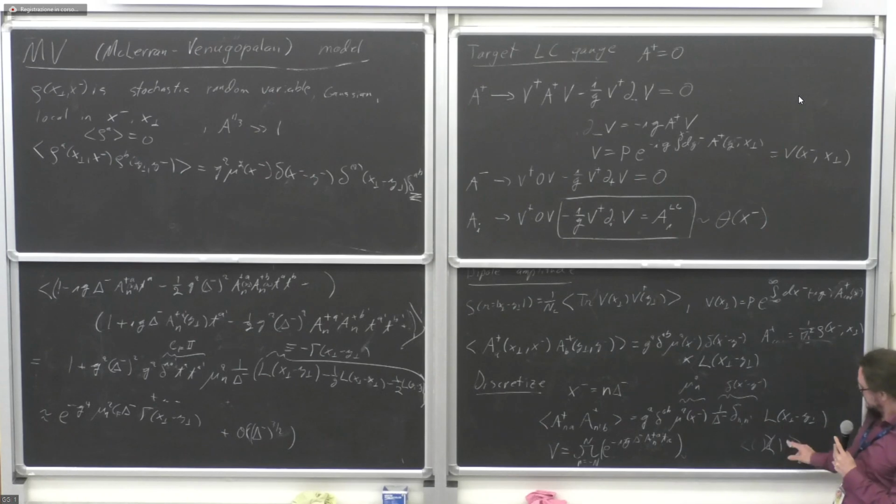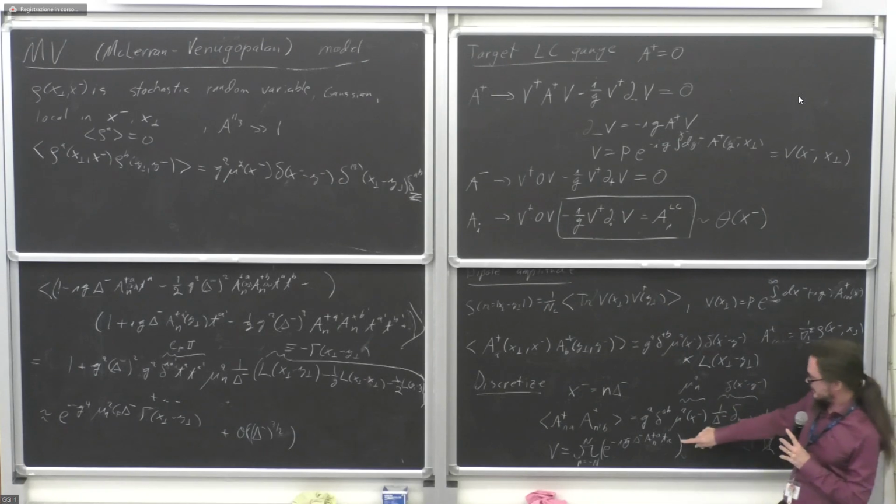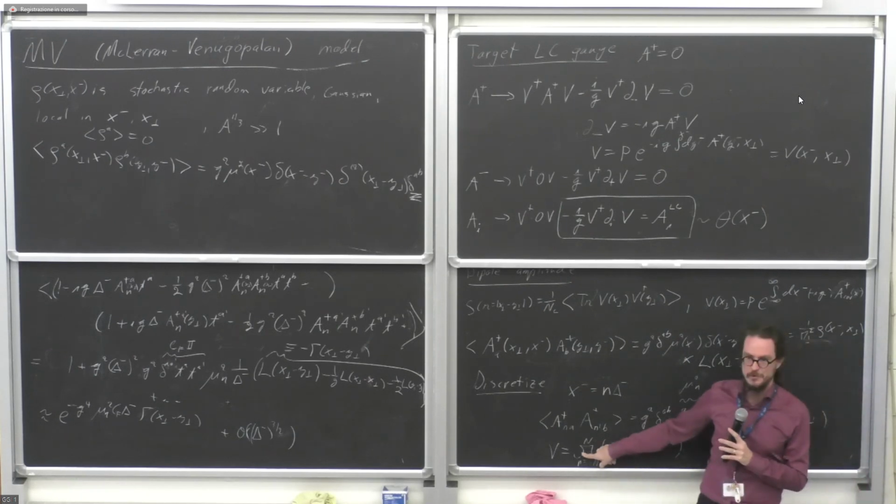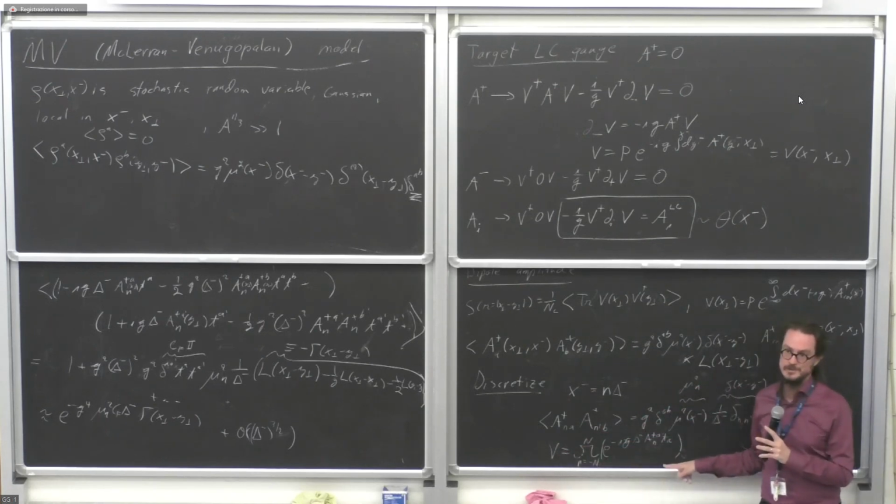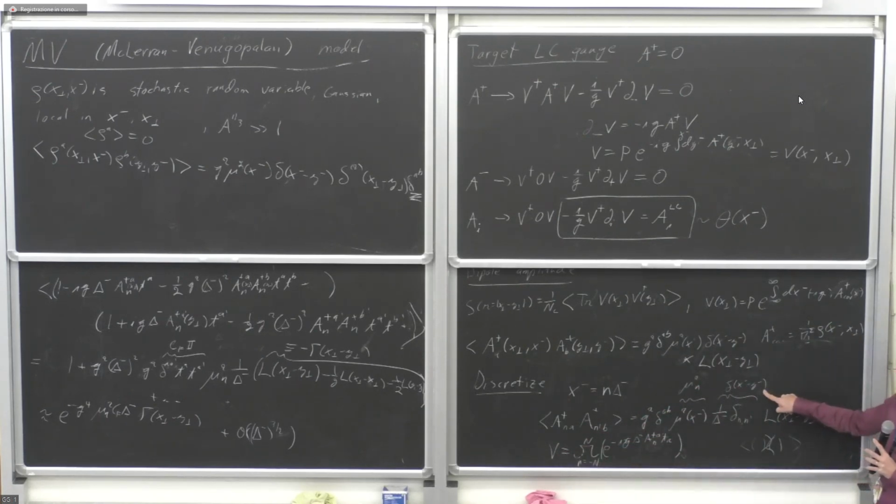Yes, exactly. It's this property that is the crucial thing that makes the calculation possible. It enables us to take the expectation value of such a product and write it as a product of expectation values, because the fields at different x minuses are independent of each other.